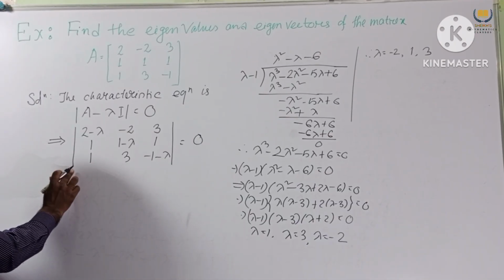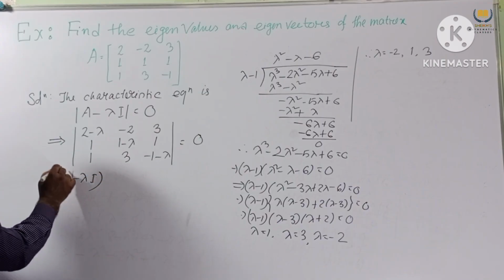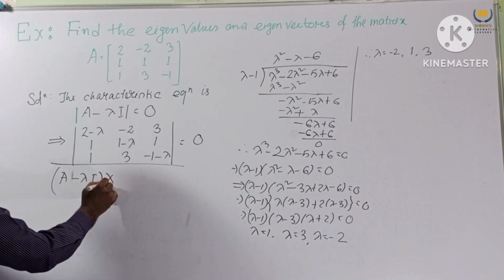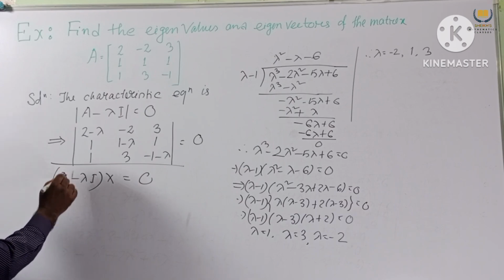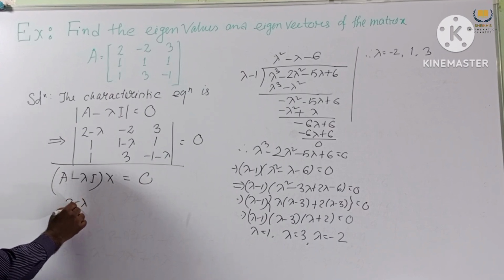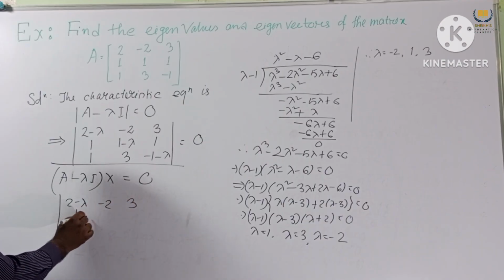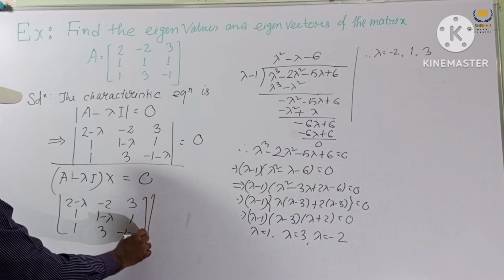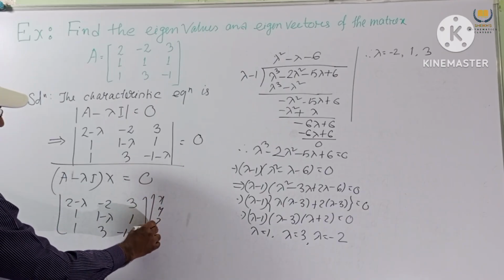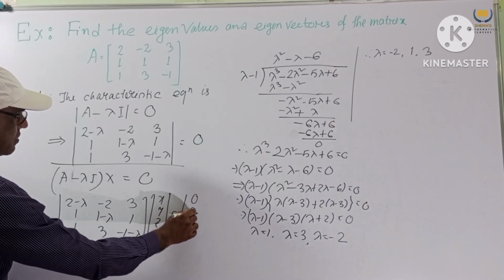The eigenvectors you can write as A minus lambda I times X equal to 0. So A minus lambda I is the matrix with rows (2 minus lambda, minus 2, 3), (1, 1 minus lambda, 1), (1, 3, minus 1 minus lambda), and X we consider as x, y, z, and 0 is 0, 0, 0.